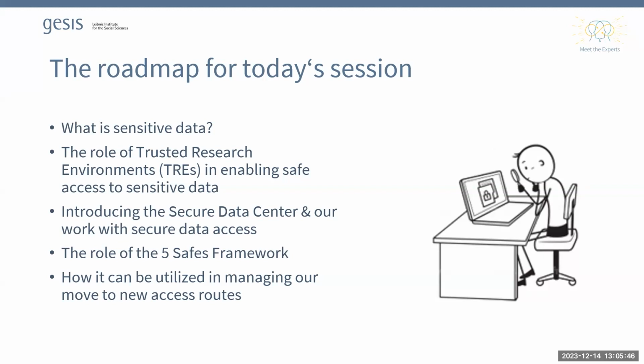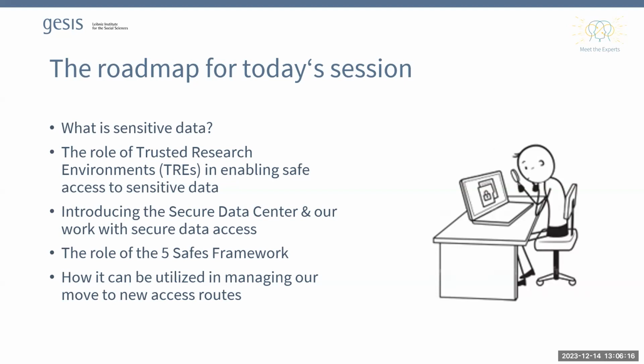But it's a really important term, and it really describes how we go about making access to these data possible. Then I'm going to get a lot more specific and talk about what that looks like in practice. So what do we do here? And I will introduce the Secure Data Center, which is where I work, and I'll talk a lot about our role with secure data access.